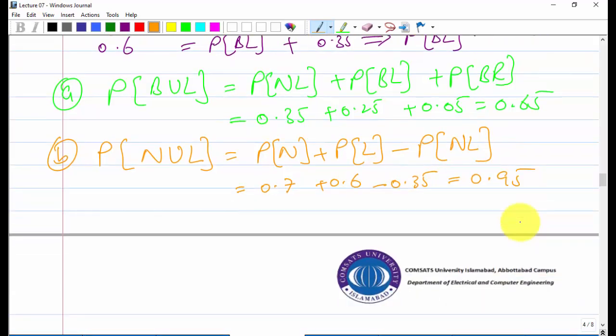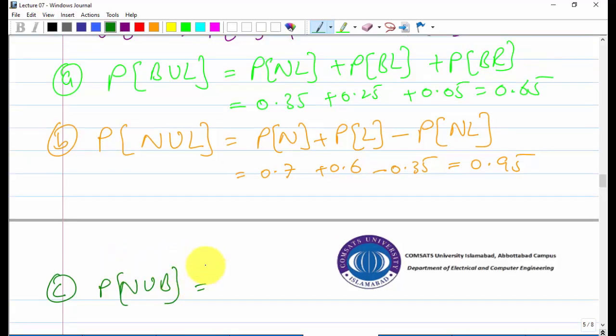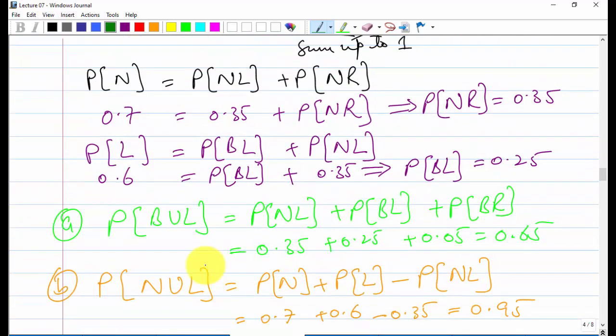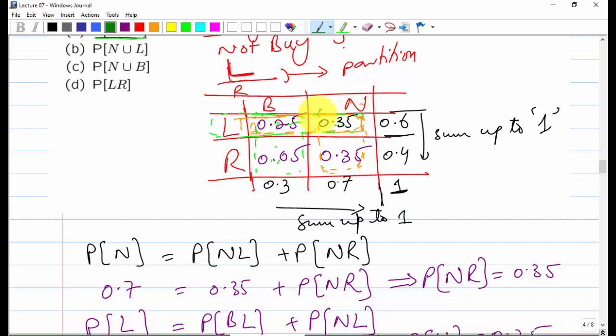So next part, it says probability of N union B. So if we look at the N union B, N is this one and B is this one.